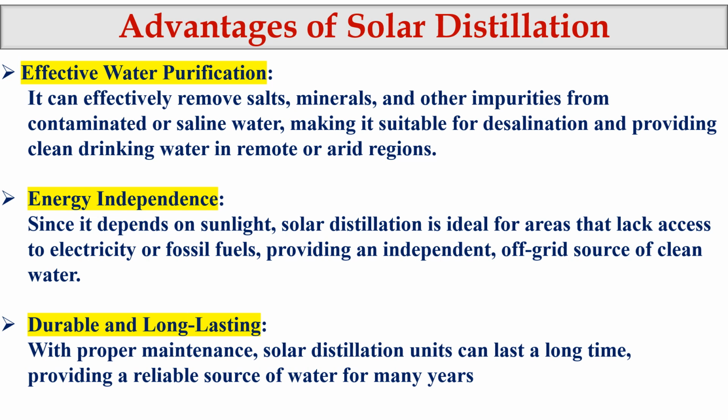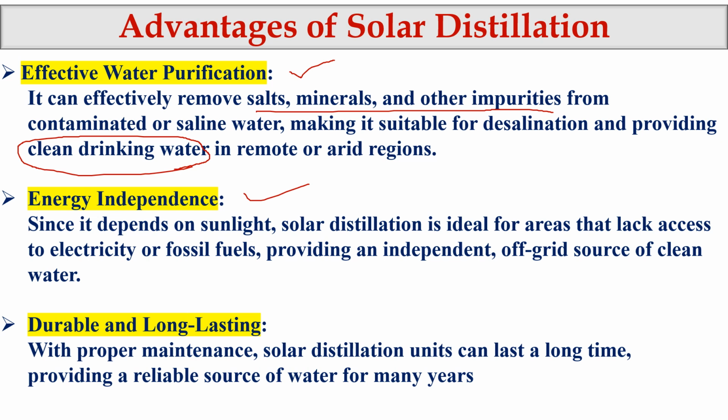Effective water purification. This is one of the effective methods. It can effectively remove salt, minerals, and other impurities from contaminated or saline water, making it suitable for desalination and providing clean drinking water in remote and other regions. Then the next one is energy independence.